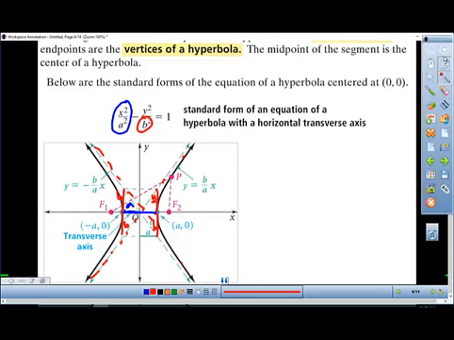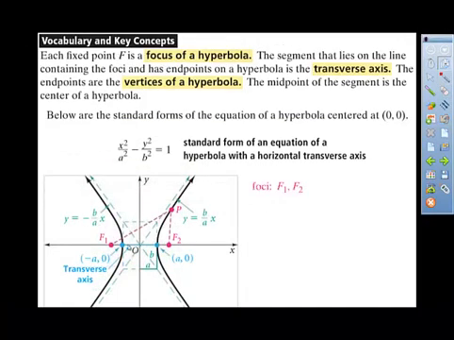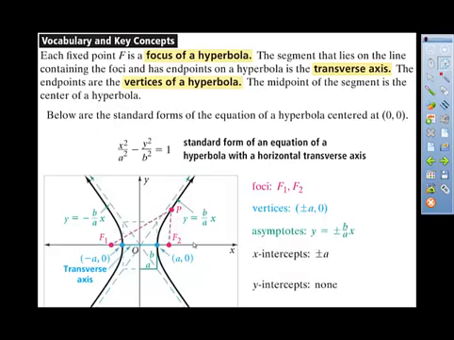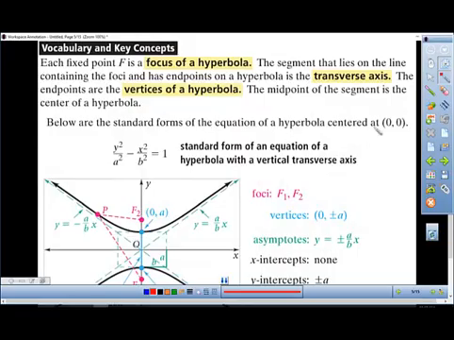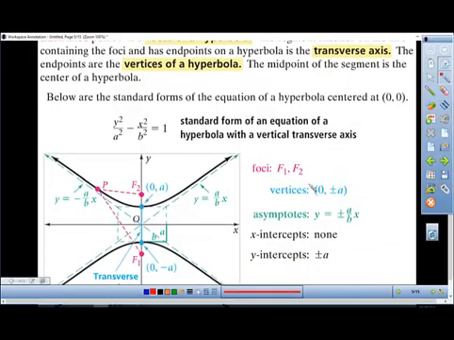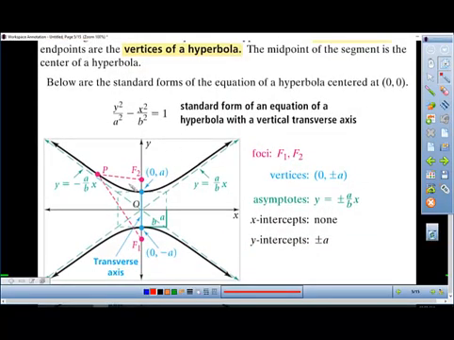Okay, so same exact thing, and I'll talk about this more in a second. Now if the y term is positive, then that means it's growing in the y direction, up and down. So here, whatever's underneath the y, this value, it's an a.